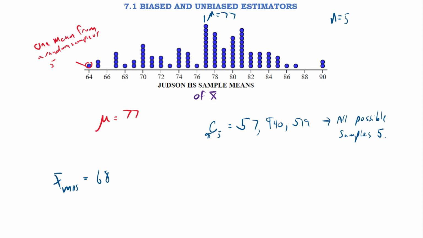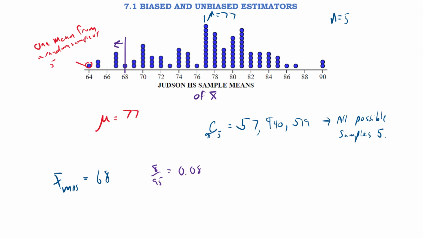Again, we had 95 samples altogether. We're looking at 68 and going this way. So we would have 1, 2, 3, 4, 5, so we'd have 8. So we would have 8 over 95, and that should give us 0.08.